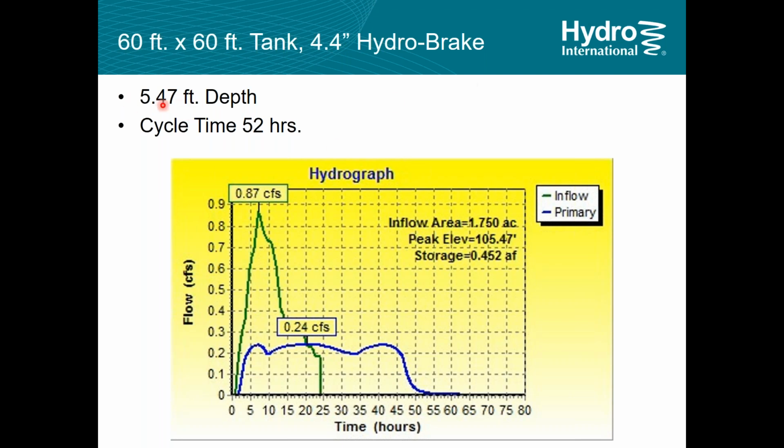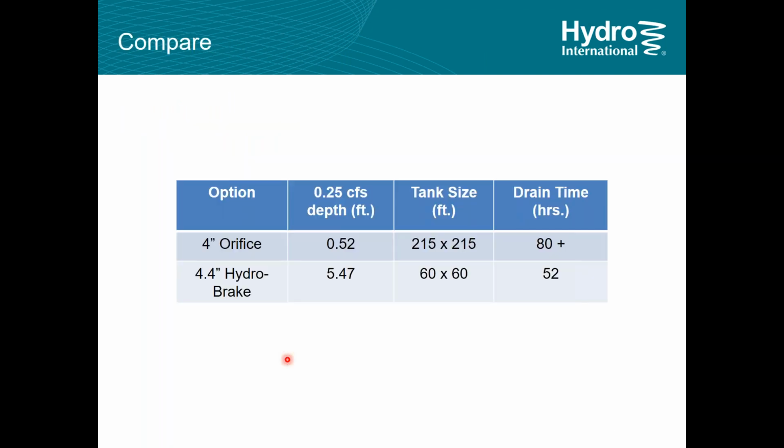I fill that tank to about 5.47 feet with a cycle time of 52 hours, and my discharge is 0.24 CFS. So the hydro brake really does allow you to shrink that footprint. Providing you've got that available on site to drive that depth, you can do quite a bit in terms of reconfiguring your volume to a smaller footprint.